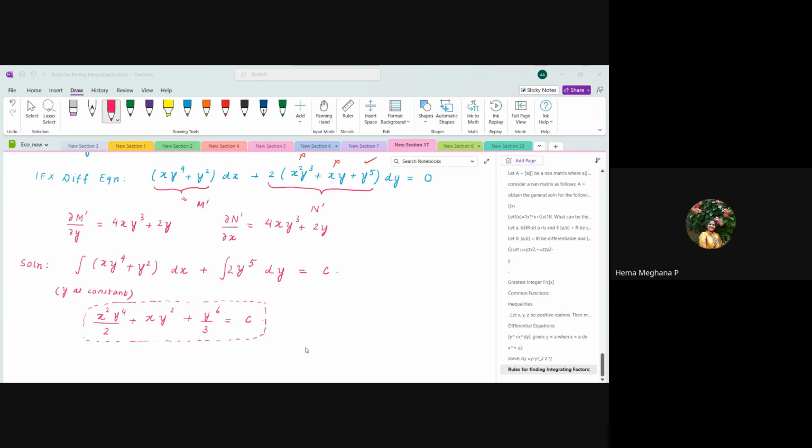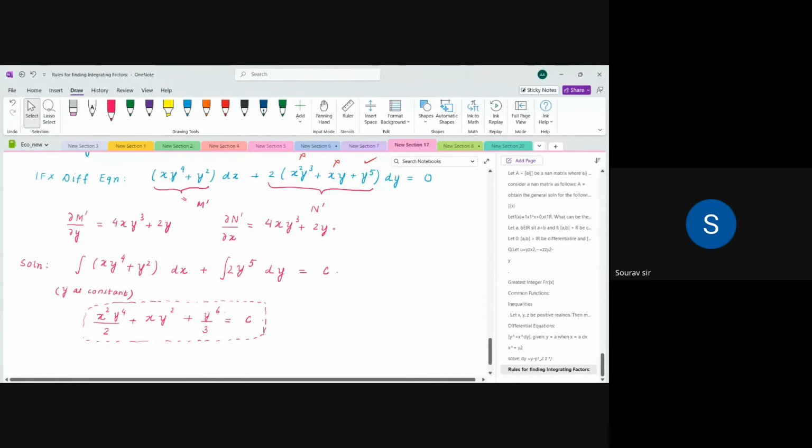All right. So I have a small doubt here. The solution which we are finding, do we have to find it for the original equation, or for this integrating factor into the differential equation? No, this is the solution for the original differential equation only.